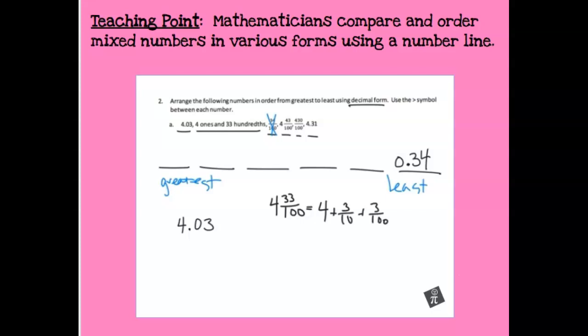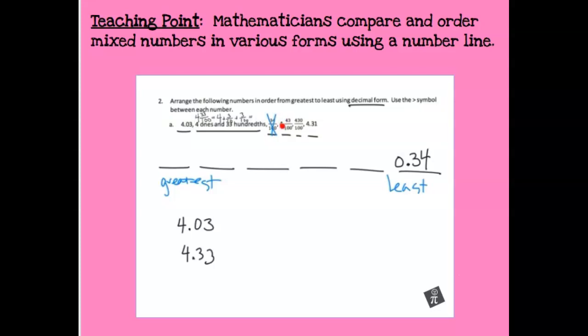So really, that's the same thing as 4.33. We now have another decimal form, so this one we don't really need anymore. I'm going to put it up here to remind us where it came from.